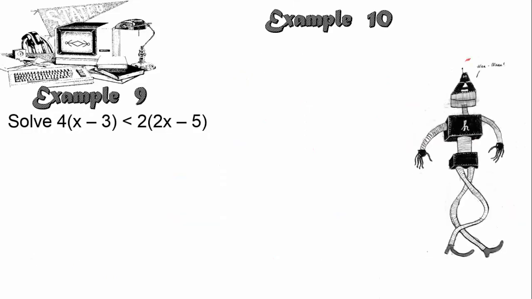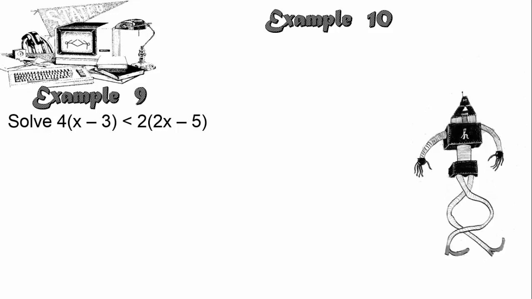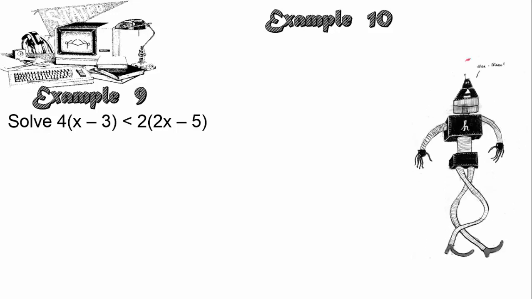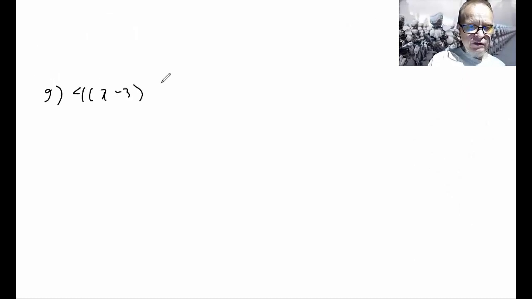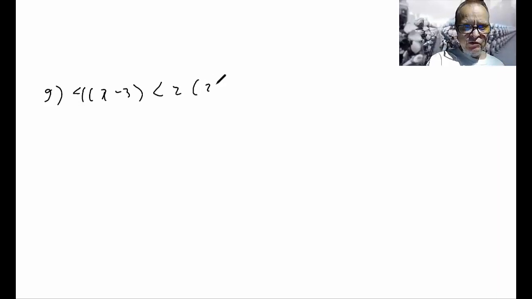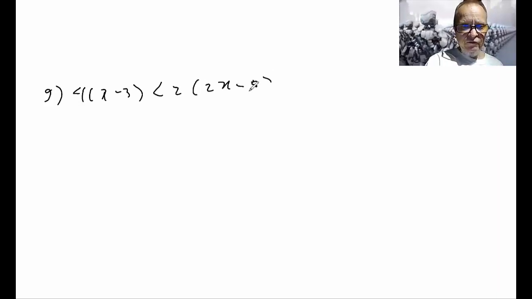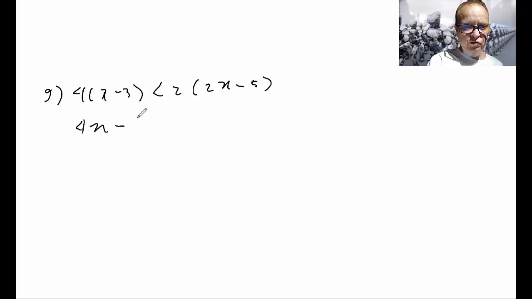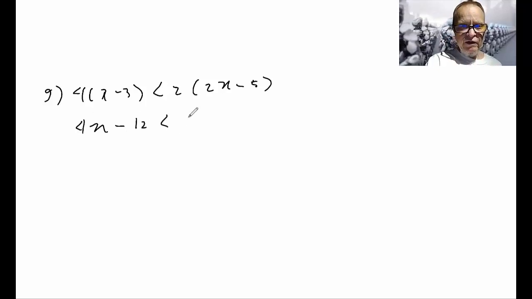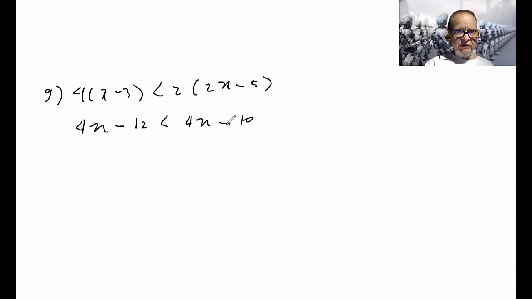In example number 9, we're asked to solve this inequality, so let us go over to the whiteboard and see what happens. In number 9, we have 4 times x minus 3 is less than 2 times 2x minus 5. And of course we distribute on both sides, so we get 4x minus 12 on this side, and then we get 4x minus 10 on this side.